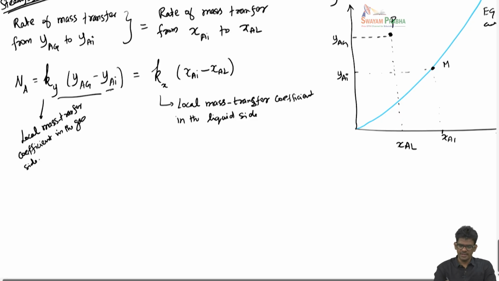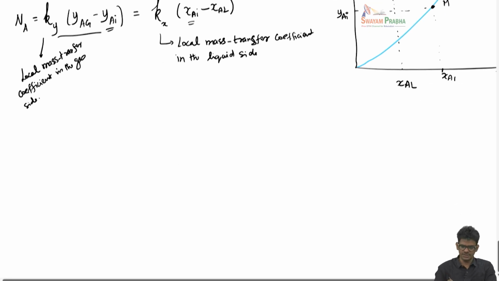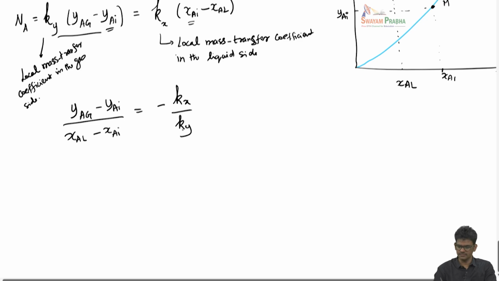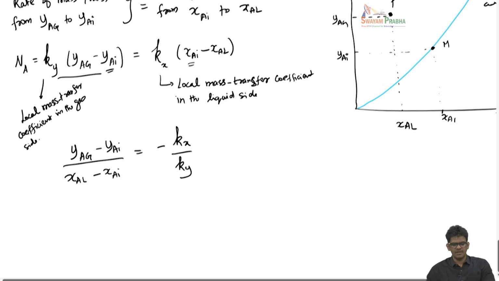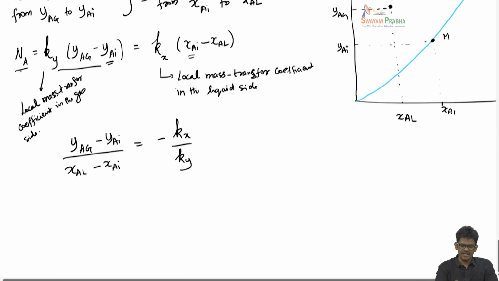This XAI and YAI lie on this particular interface. Okay, so we could rearrange this equation as (YAG minus YAI) by (XAL minus XAI) is equal to minus Kx by Ky. We are able to write this because this NA here is the same whether you use the mass transfer of the gas side or the liquid side.